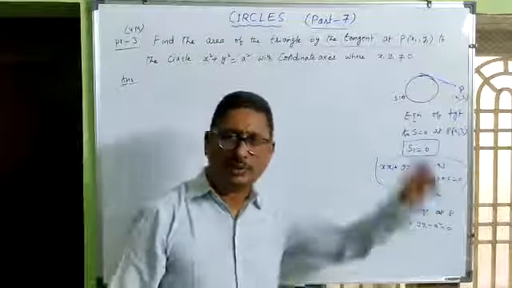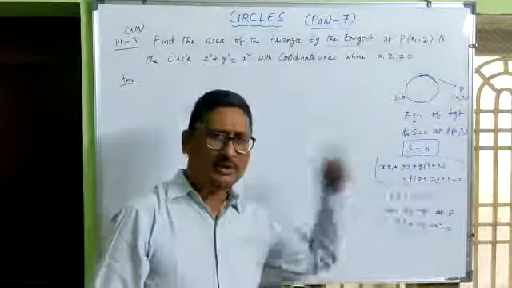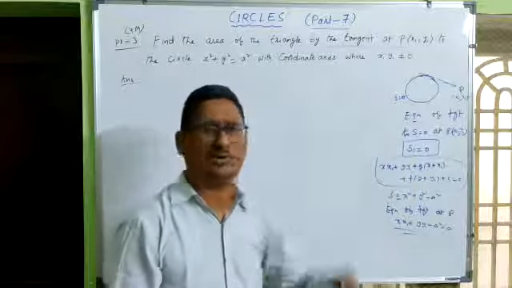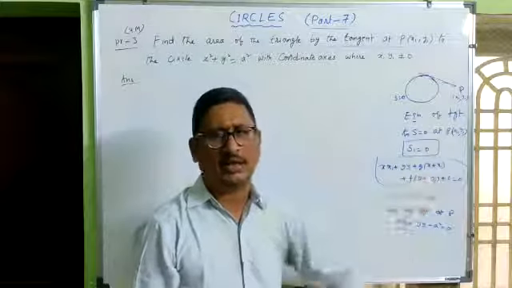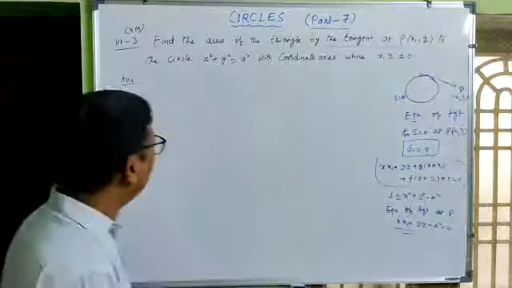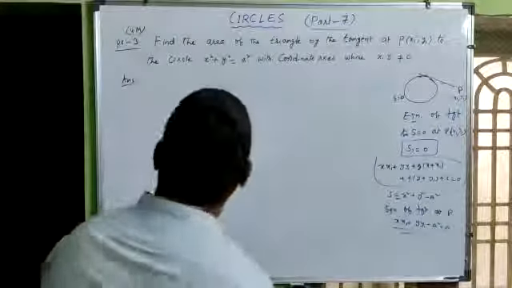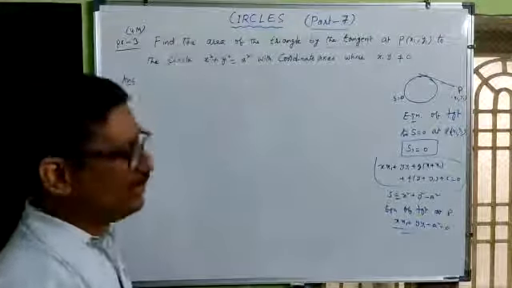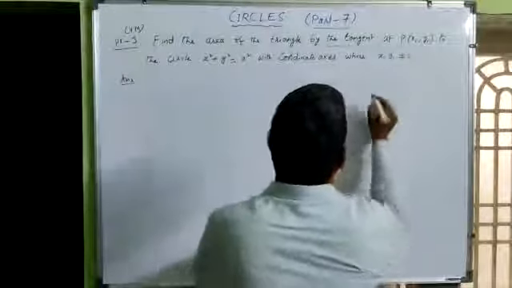So the equation of the tangent is nothing but S1 is equal to 0 for a given circle S is equal to 0 and the point is P x1 y1. Okay, now here area of the triangle formed by the tangent at the point P x1 y1. So area of the triangle formed by the tangent at P x1 y1 to the circle. So first suppose this is the circle.